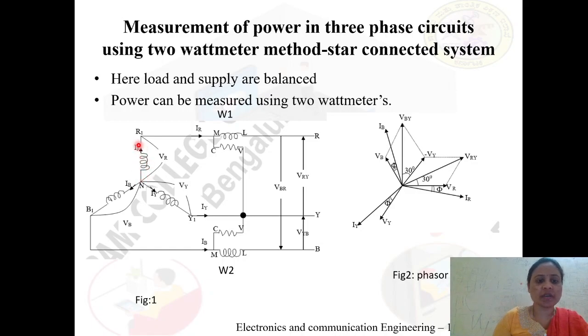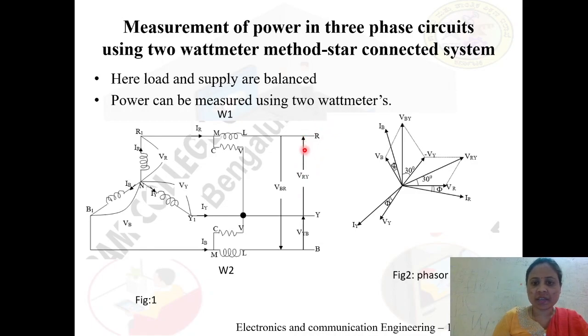Because in star there is no branching, each phase is separately connected, so the line current is equal to the phase current here. IR, IY and IB represent the line currents. The line voltages are the voltage between 2 lines.